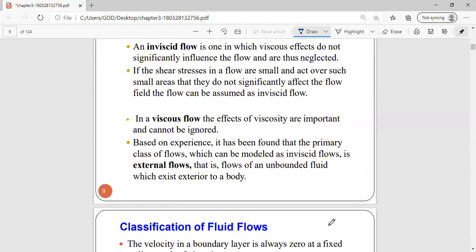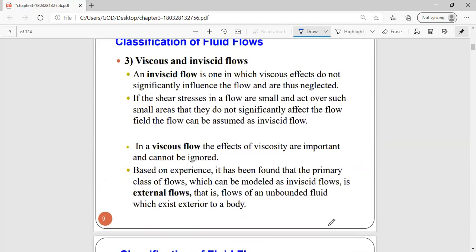We go further: viscous flow and non-viscous flow. In viscous flow, with the help of viscosity, your fluid behavior is changing, that means your flow is affected. Inviscid flow is where the viscous effect is not affecting the flow.